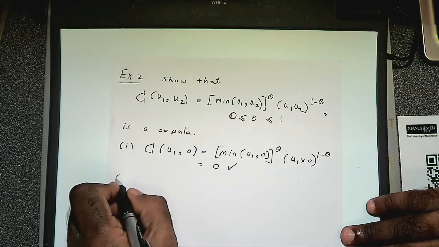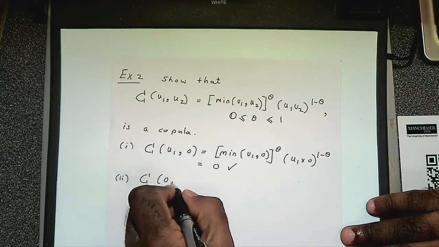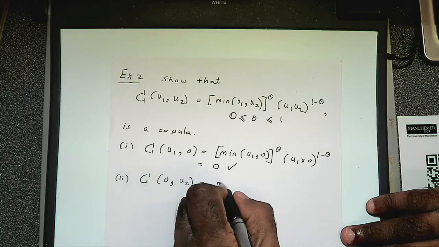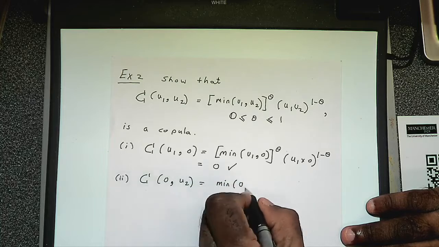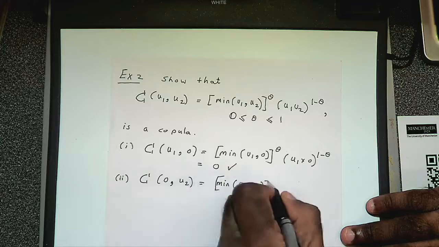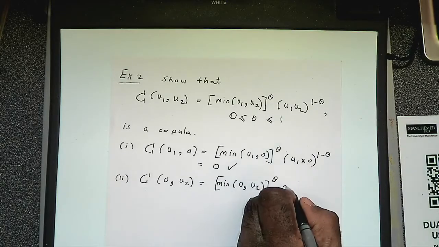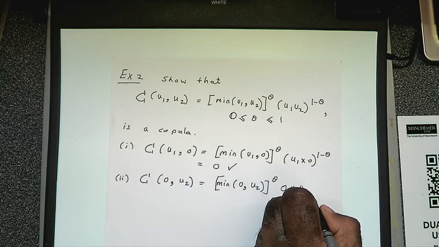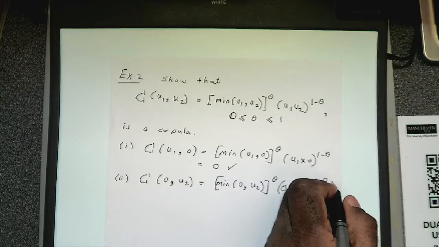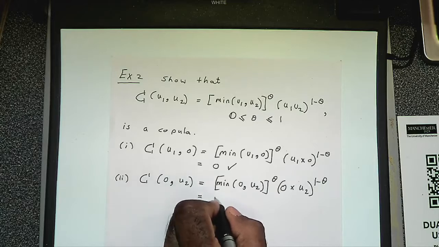Okay, and part 2, if you put u1 equal to 0, you get 0 times u2 to the power 1 minus theta, which is once again equal to 0.